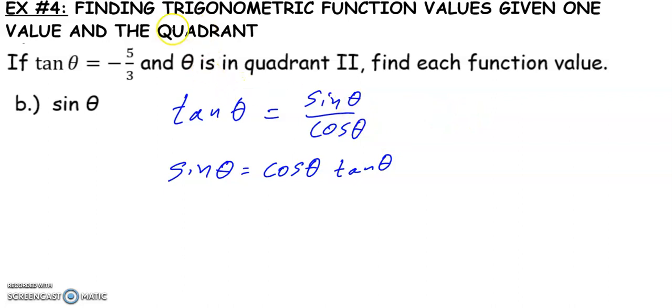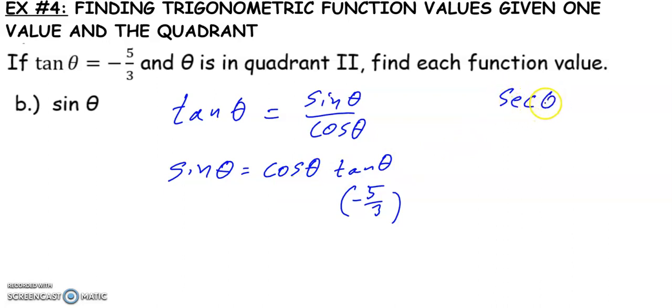Oh, you know what? Here's what we're going to do. Let me pause. All right. So now what we're going to do is plug in for tangent and cosine. Tangent, we know, is negative 5/3. Well, how are we going to get cosine of theta? Well, from our last example, if you remember, we found secant theta.